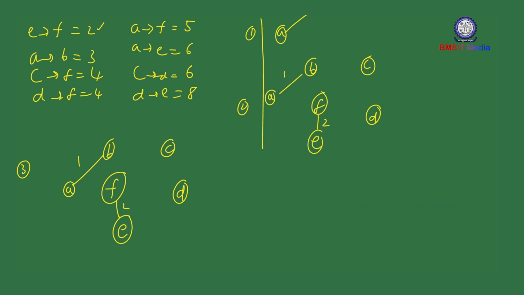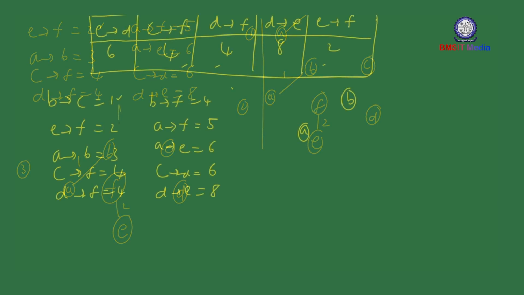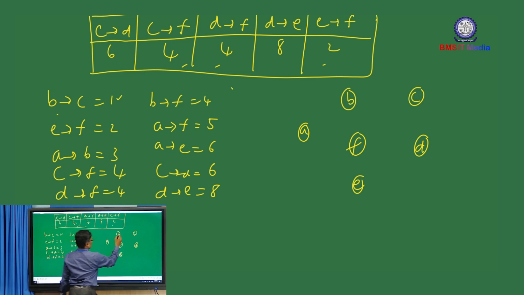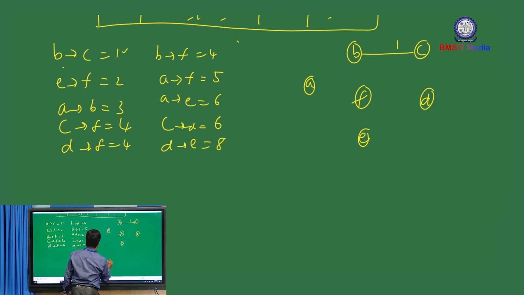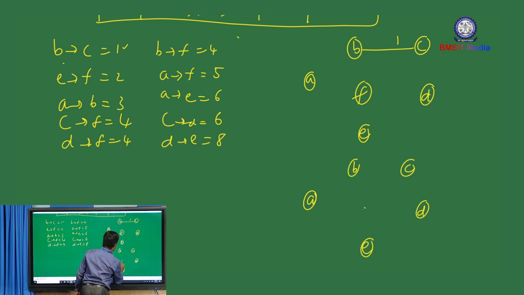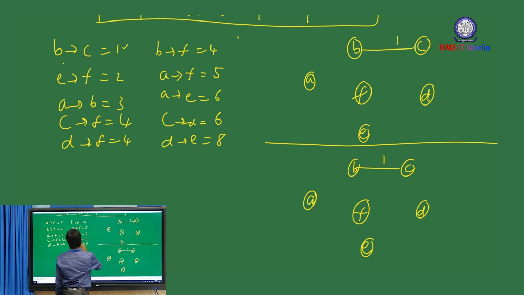Now D, E, F. So this is B to C, here I have to draw. First step. And second step is A, B, C, D, E, F. So B to C we have written as 1. Now E to F is 2.